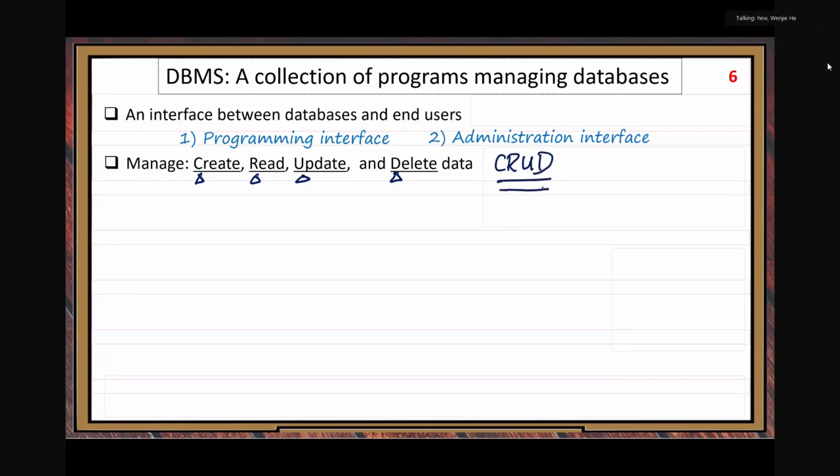In many database-related articles, when you read technical articles related to databases, most authors use this CRUD, the CRUD operations. When you see that, it refers to these four basic operations.